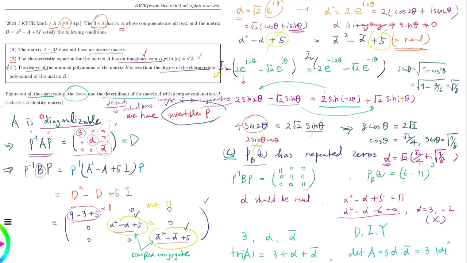So this makes the matrix A diagonalizable, and we get its specific form of diagonal matrix.